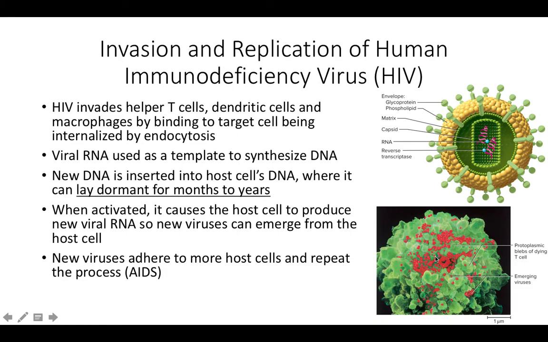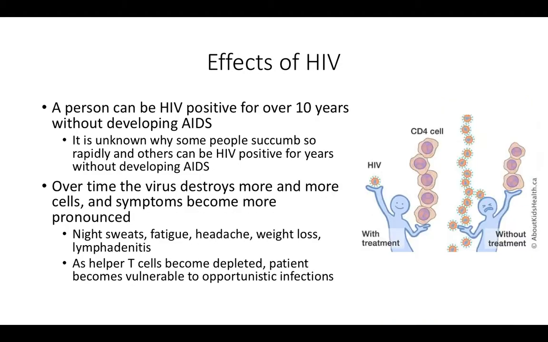And then those new viruses are going to adhere to more host cells, repeat the process, and as a result, we get damage to all of the healthy lymphocytes like T cells or other leukocytes or macrophages that are important, and the virus continues to replicate.